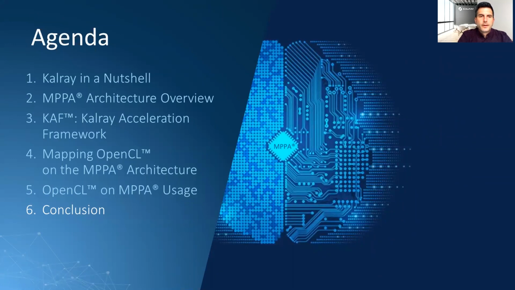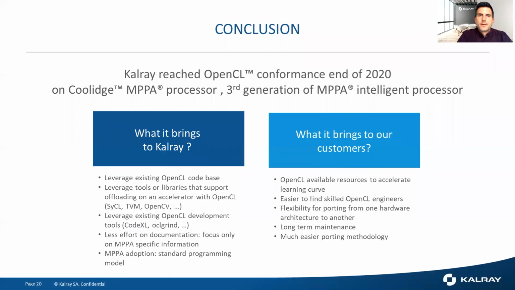Okay, now I will jump to the conclusion. As I said, we reached OpenCL conformance end of 2020 on our third generation MPPA processor. For Kalray, I think the added value of using OpenCL is huge. Basically, it allows us to leverage the existing OpenCL code base. There is a lot of OpenCL code that can be easily ported to the MPPA.